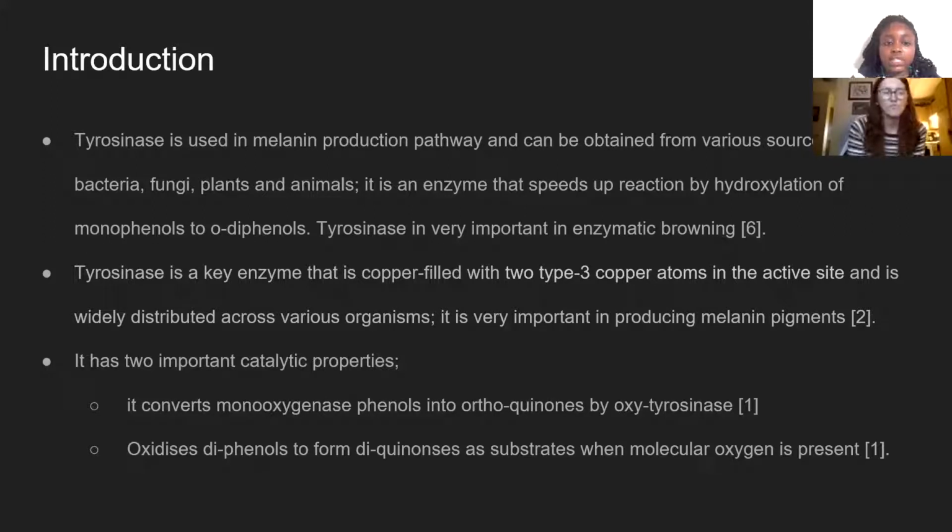First, it converts monophenols into orthoquinones by oxytyrosinase, sorry. It also oxidizes diphenols to form quinones as substrates when molecular oxygen is present. Molecular oxygen is the oxygen found in the atmosphere. It is a diatomic oxygen.